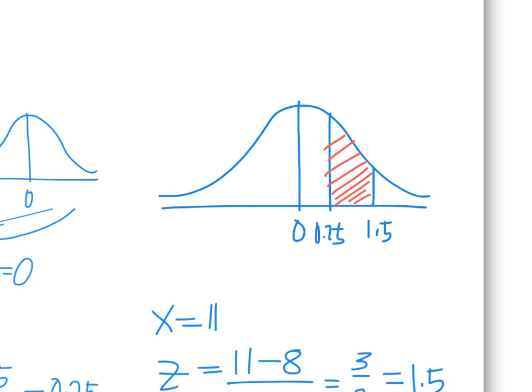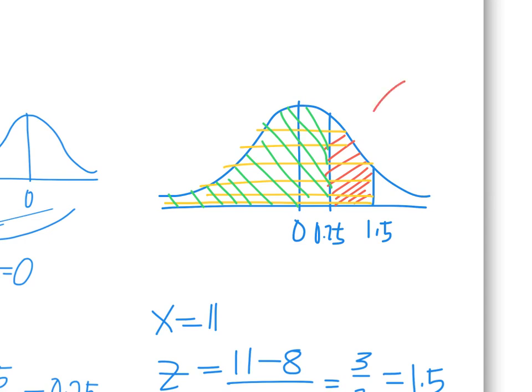The process that I taught you in the other video is to get the whole area taken from the larger z-score, which is 1.5, and then subtract the area to the left of the smaller z-score, which is 0.25, and the remaining area is the area that we want to find.